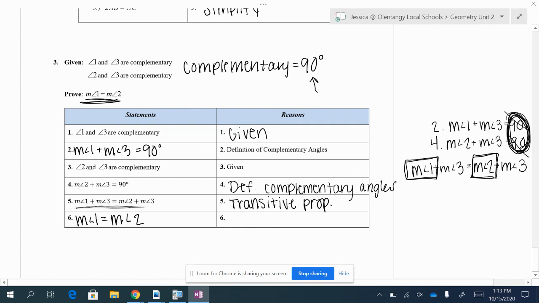So those two angles need to stay. Well, I'm left with angle 3 and angle 3. If I subtract measure of angle 3 over here and I subtract measure of angle 3 over here, okay, then they go away. So that's going to be the subtraction property of equality, because I'm subtracting the same term on both sides of my equal sign.